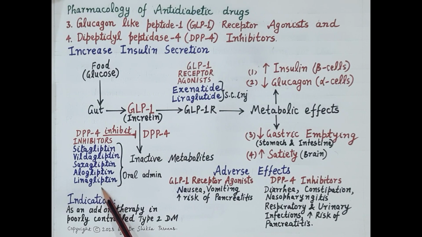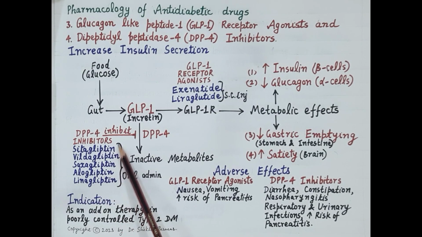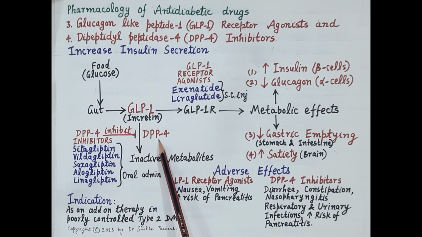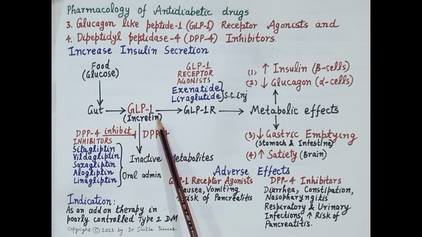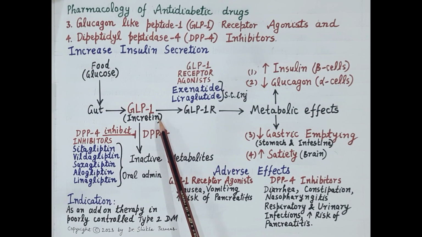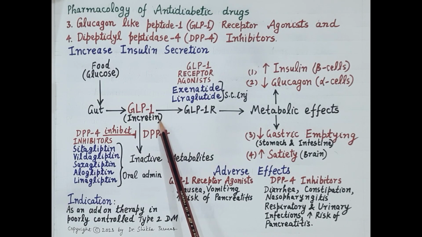Now, DPP-4 inhibitors, namely sitagliptin, vildagliptin, saxagliptin, alogliptin, linagliptin, inhibit DPP-4, thereby preventing the breakdown of this naturally produced GLP-1 and enhance or increase its action and efficacy.